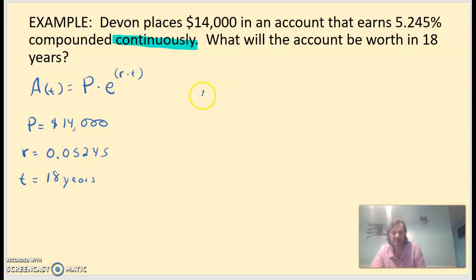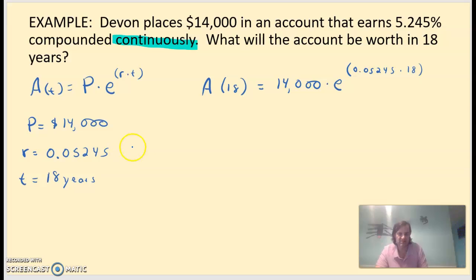So as we set this up, A of 18. So maybe he's putting some money away for his kid who was just born and will hopefully go to college in 18 years. So 14,000 times e raised to the 0.05245 times 18 power.